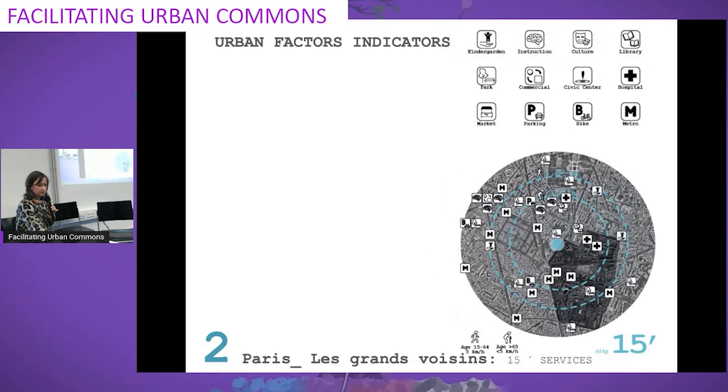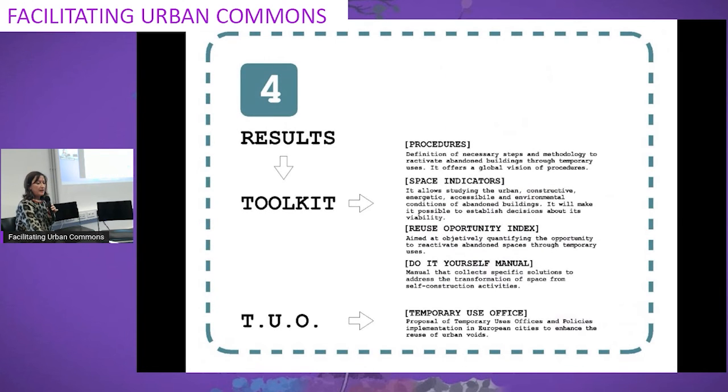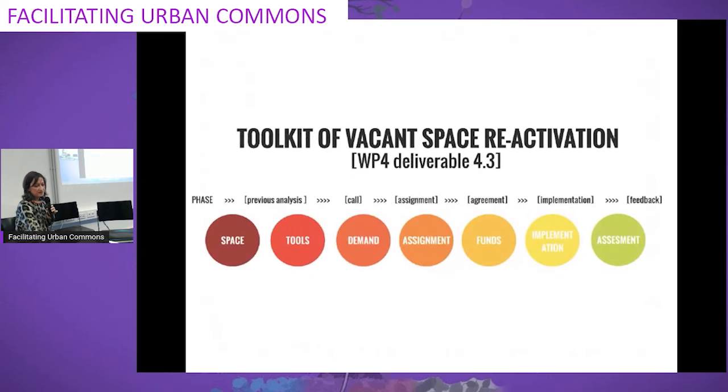And so we have different cases. And finally, through all this analysis, we have been able to define the final process that we suggest to both public administrations and citizen associations.